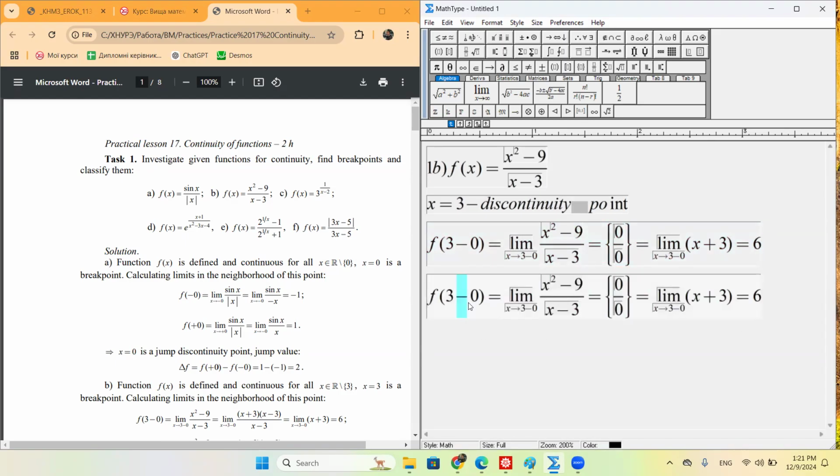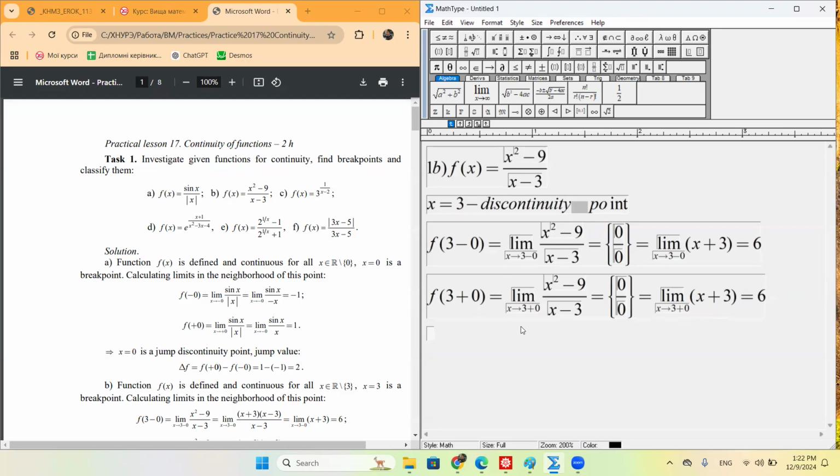For the limit from the right, basically the situation is the same. So 6 and 6. What does it mean? How can we classify this discontinuity point? Can you remind the classification?